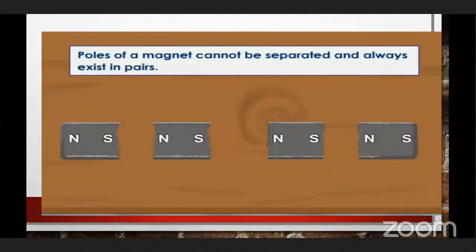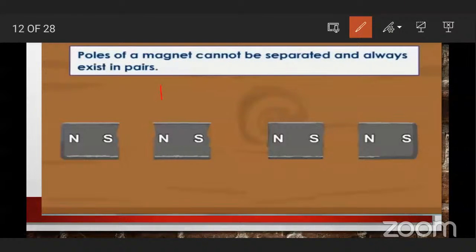Now see, if we break a magnet into many pieces, the poles of a magnet cannot be separated and always exist in pairs. Suppose here is one bar magnet, this is N and this is S. If we break this magnet into two pieces, two magnets form, two poles form.